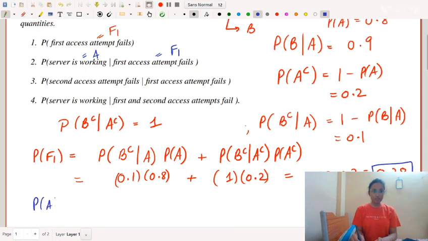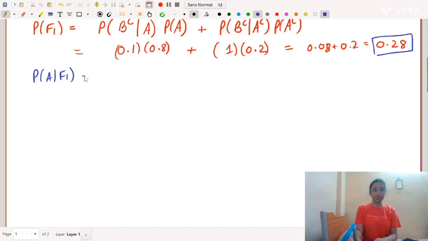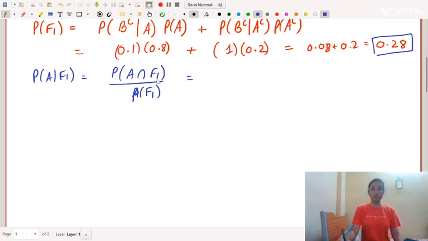So probability of A given F1, by the conditional probability formula, is probability of A intersection F1 over probability of F1. Probability of A intersection F1 can also be written as probability of F1 given A into probability of A. It's just this formula which I have rearranged.